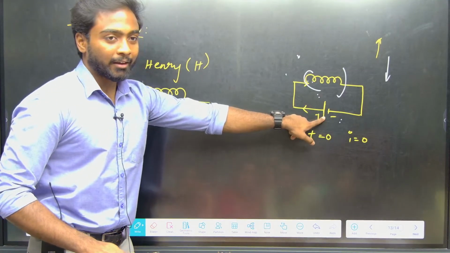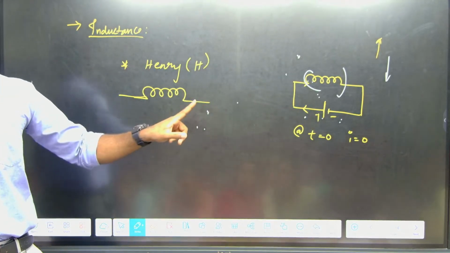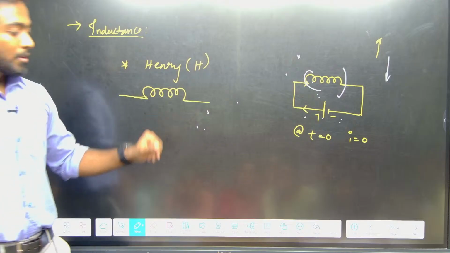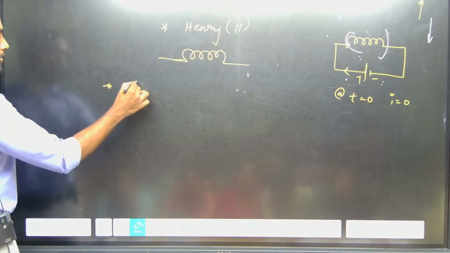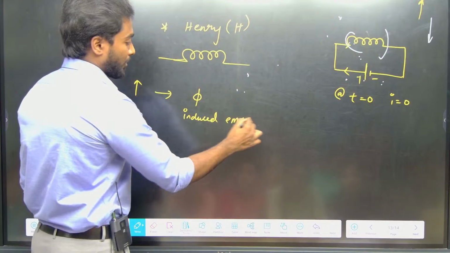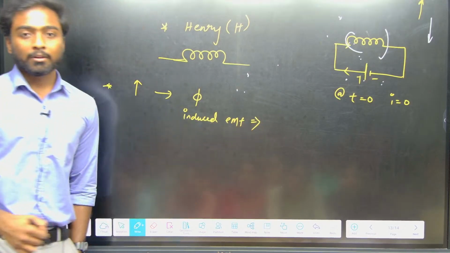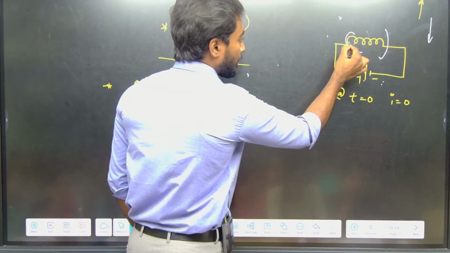Due to this battery, a sudden increase was there, and that increase I have taken as induced EMF. First case: sudden increase in current, which means the magnetic field also increases, which means flux will be created. Due to that, induced EMF is there. When I come to exactly this point, this is inductance.